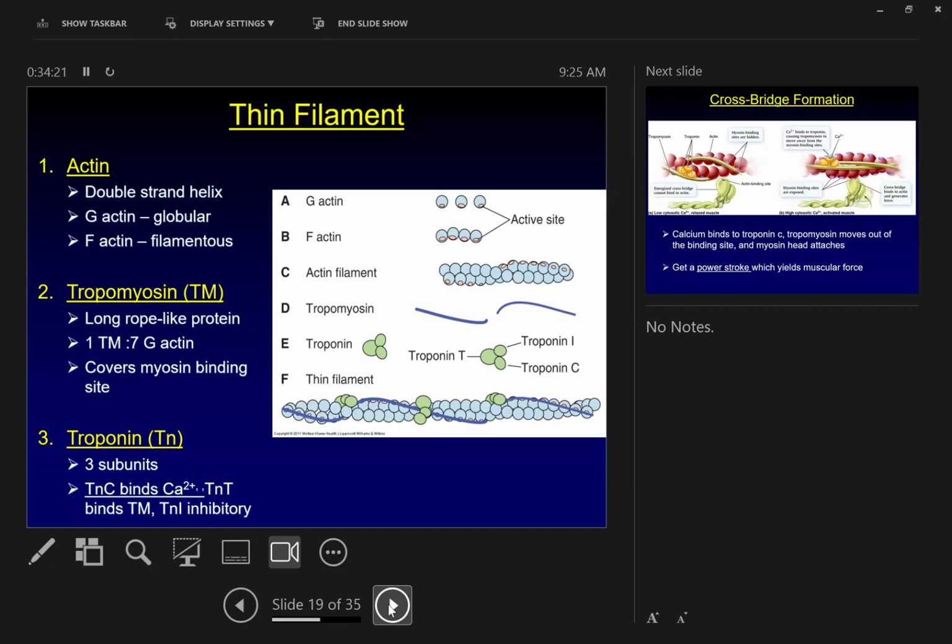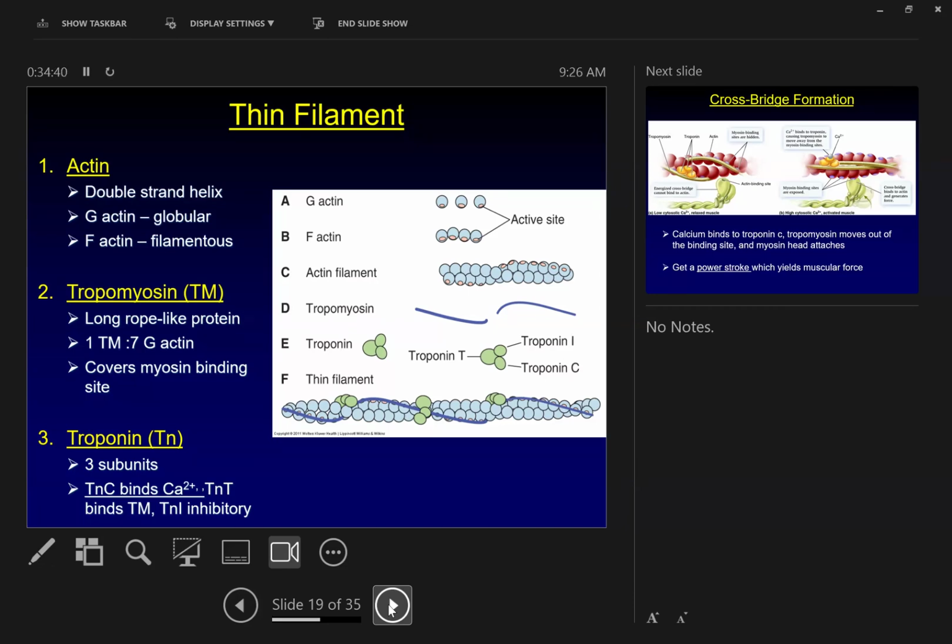Troponin is another protein that sits at regular intervals along the actin, connects to the tropomyosin, and it waits. Troponin waits, and it will bind calcium.